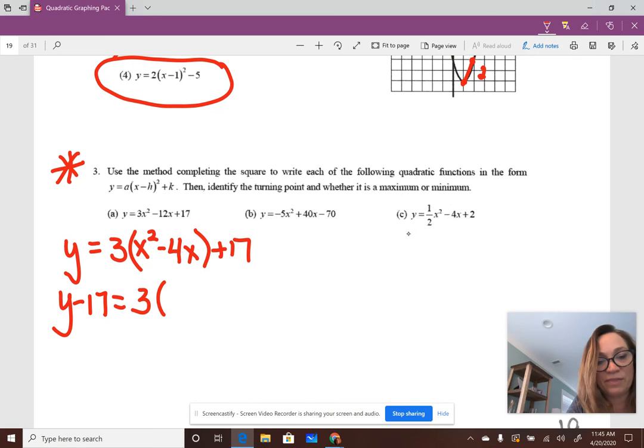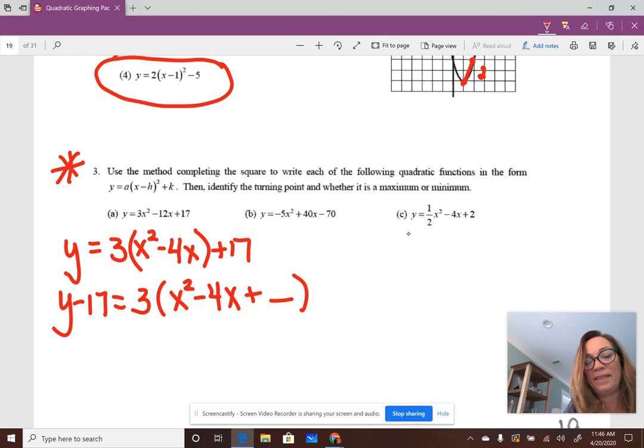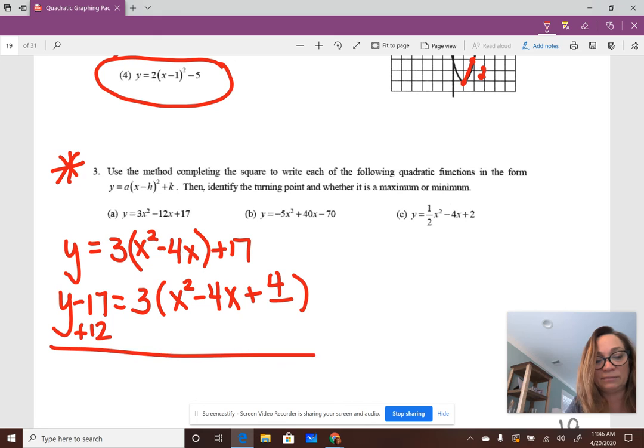So that gives me 3x squared minus 4x plus, I don't know. So now I want this in the parentheses to be a perfect square trinomial. So you take half of -4, which is -2, and square it, which is 4. That's a 4, but it's really 3 times 4, which makes it 12. So I'm going to add 12 on this side.